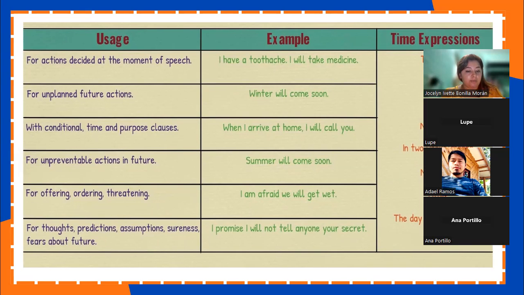And for thoughts, predictions, assumptions, soundness, fears about the future. So, this is for something that you are not sure. Por asunciones, por asumir, por hacer predicciones, usamos will. And it says, I promise I will not tell anyone your secrets. Te prometo que no le diré a nadie el secreto, but it is not sure. Because maybe pueda contar el secreto, right?